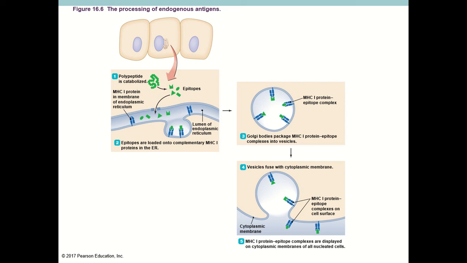The vesicle is essentially a sac-like structure walled off by a plasma membrane. So this would be a vesicle right here. It came from the Golgi apparatus, and it's again surrounded by a membrane. There is nothing inside except for the MHC1 molecule bound to the antigen right there.